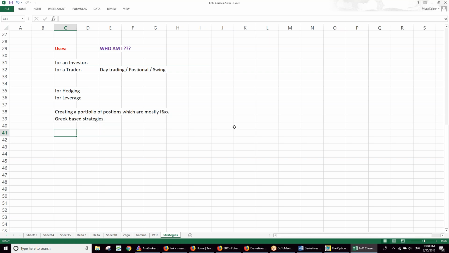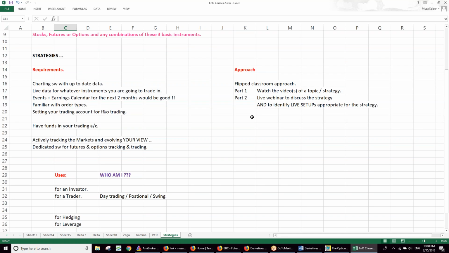So we look at Greek-based strategies. Be prepared, I think, also for when it comes to approach, being very flexible due to any sudden market movements, right?